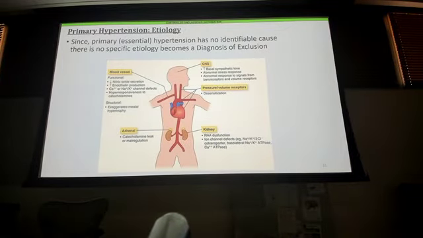So what physiologic changes do we see that could be causing that blood pressure to be elevated? When we talk about primary hypertension or essential hypertension, where we said there's not an identifiable condition, we look at the different systems in the body to see how they could contribute to that blood pressure being elevated.